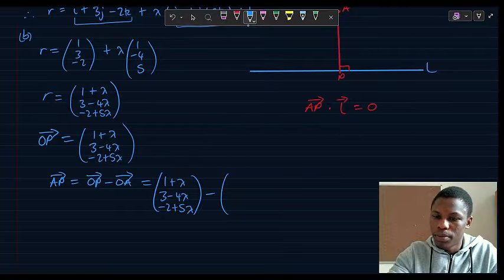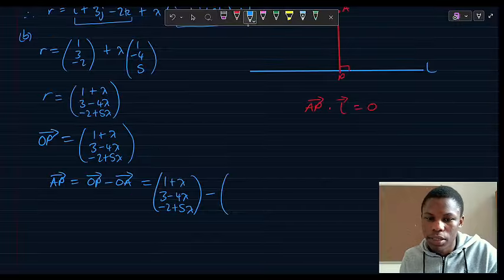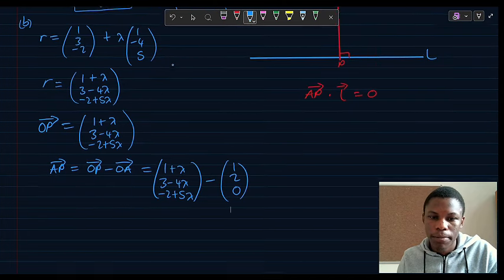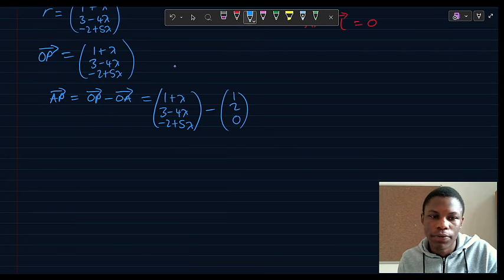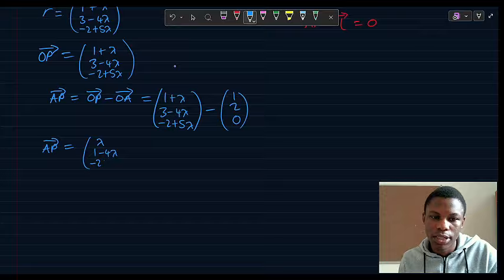OA we know from part A to B, i plus 2j, so that's 1, 2, and k is 0. Okay, so let's simplify our AP. This is 1 plus lambda minus 1, so it's just lambda. 3 minus 4 lambda minus 2, so 1 minus 4 lambda. Minus 2 plus 5 lambda minus 0, so minus 2 plus 5 lambda.